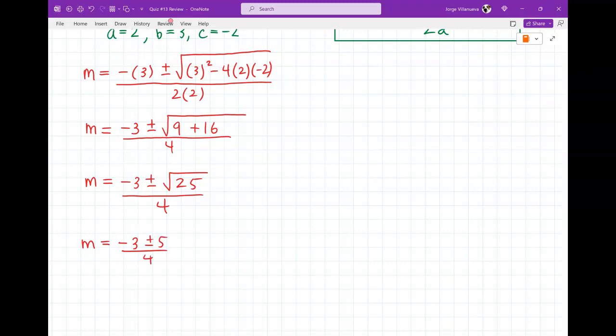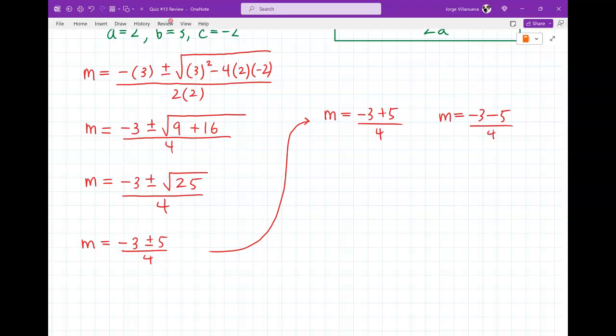So now you're going to have to solve for your answers. Notice that I don't have any square roots left over, so everything can actually be simplified. I'm just going to drag this over here really quick. My two answers are m equals negative 3 plus 5 over 4, and m equals negative 3 minus 5 over 4. Remember, you have to write the plus and the minus side.